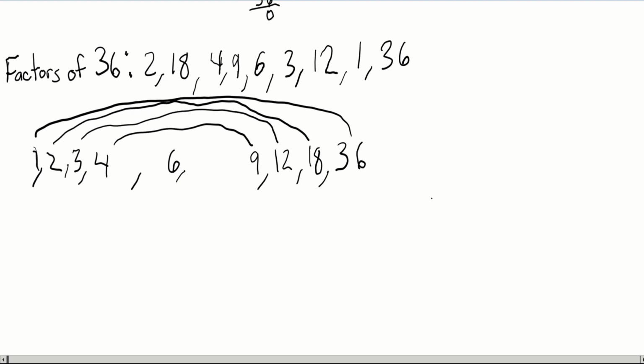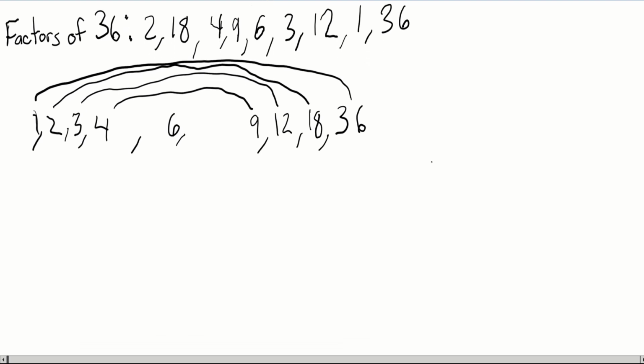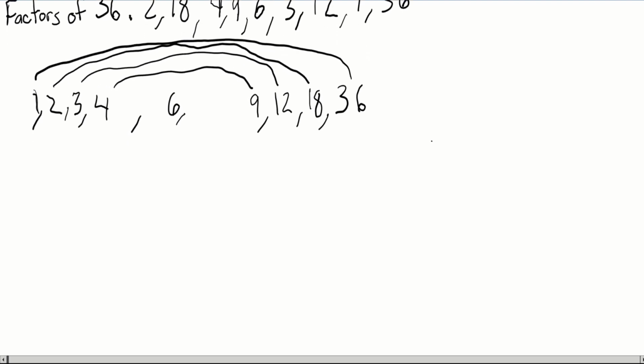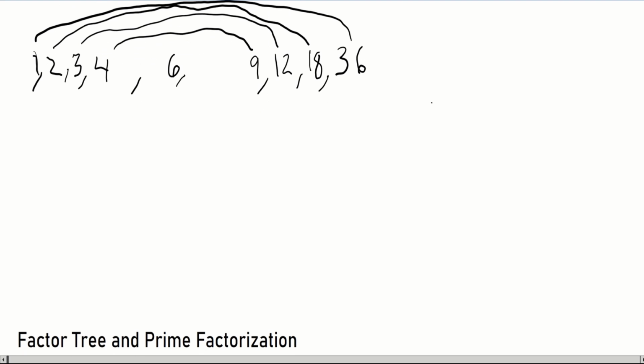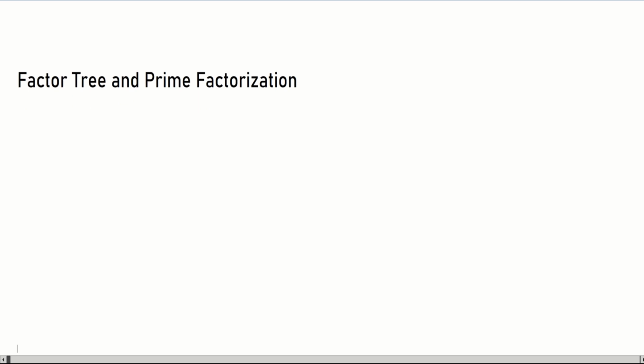Another way to write down factors of a number would be to use a factor tree. So let's try with 36 right now. If we start with 36, we know that 9 and 4 are factors.